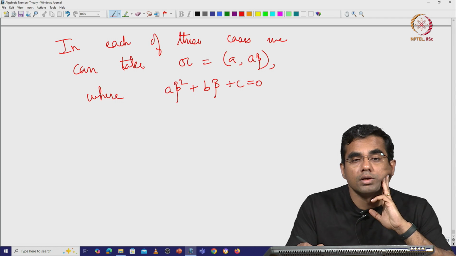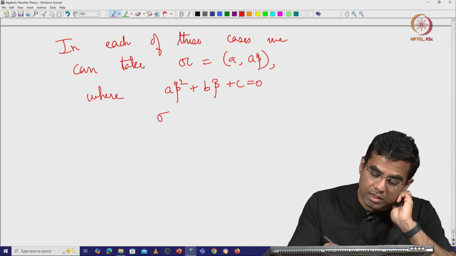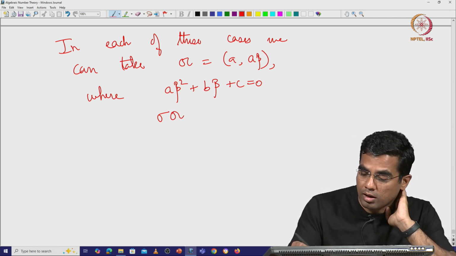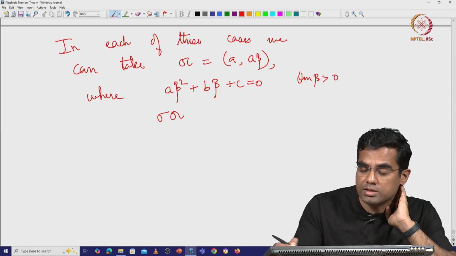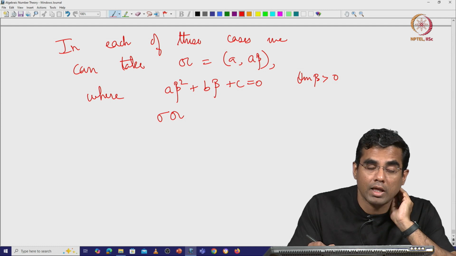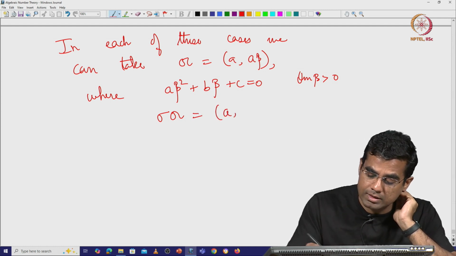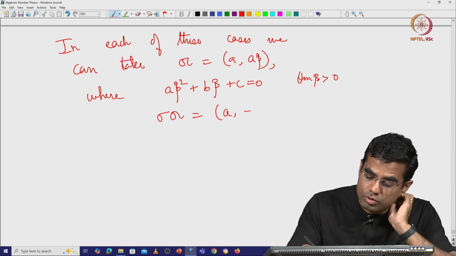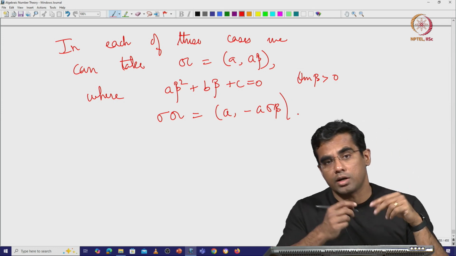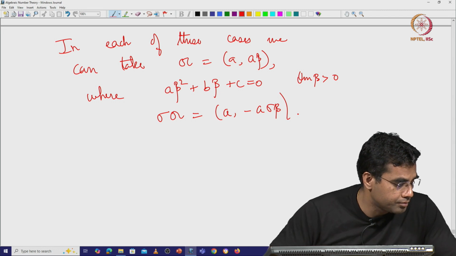So, beta is any number which satisfies this, right, and of course we choose beta so that the imaginary part of beta is bigger than 0. There are two betas which satisfy this equation, one of them will have imaginary part bigger than 0, the other one will have imaginary part less than 0, and so this is the one we choose. So, we can change our A within its class and assume that our A is like this, right.